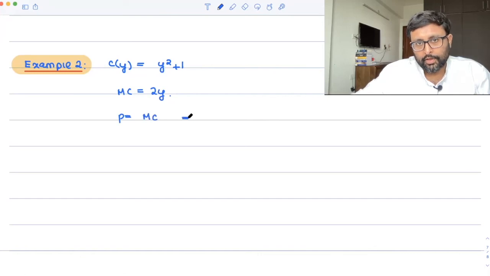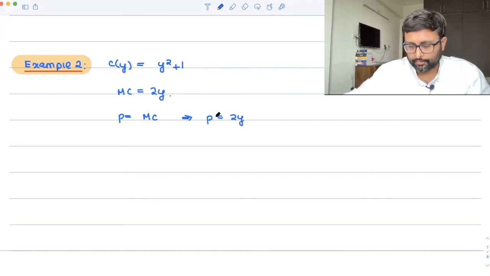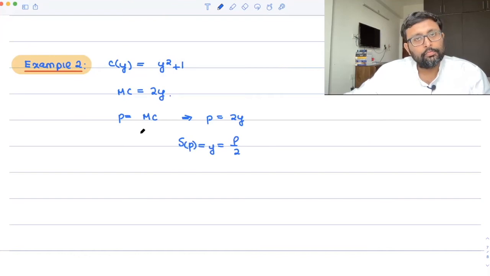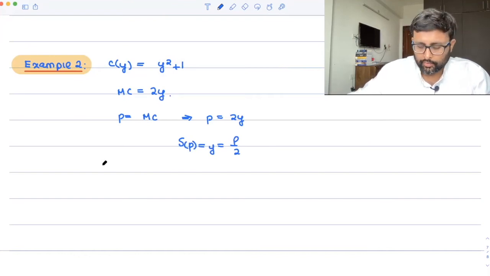P is equal to MC will give you the supply curve. That would mean P is equal to 2y. Right? So y is equal to P by 2. So S(P) is equal to P by 2. Right? Simple supply curve. Okay.